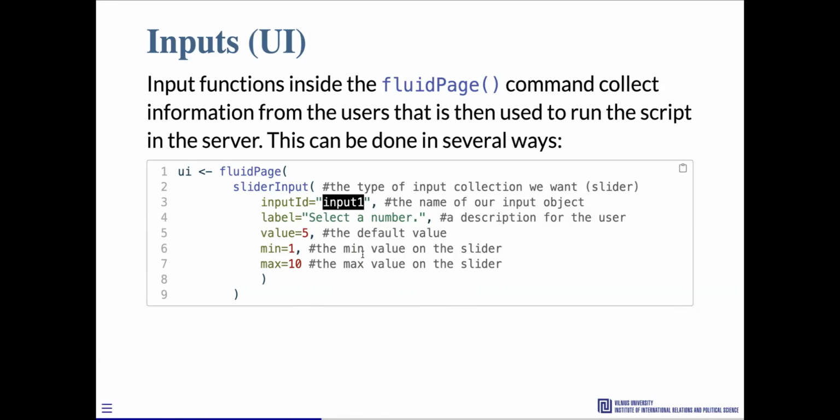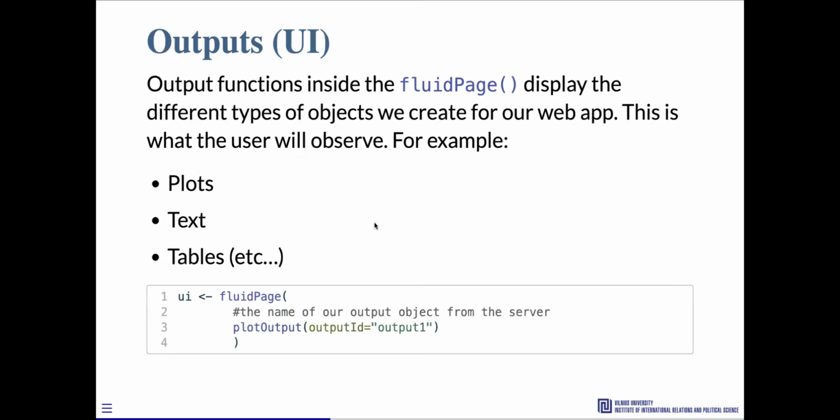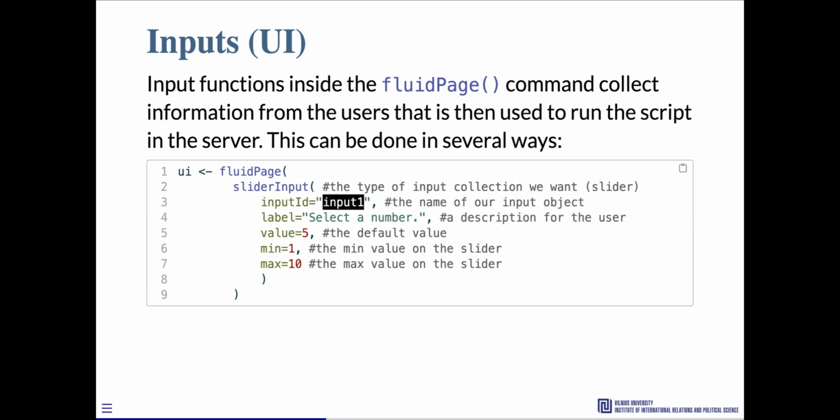And that is what we're going to later on manipulate, or we're going to put that input1 feedback into our server so that the user can start moving pieces around. Okay, so these are the input type of functions.